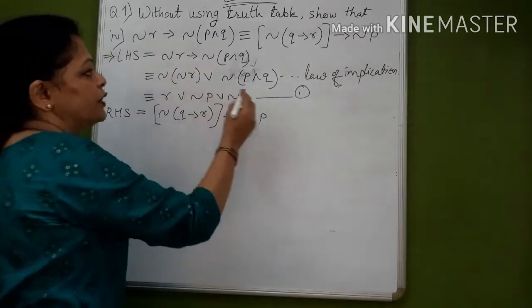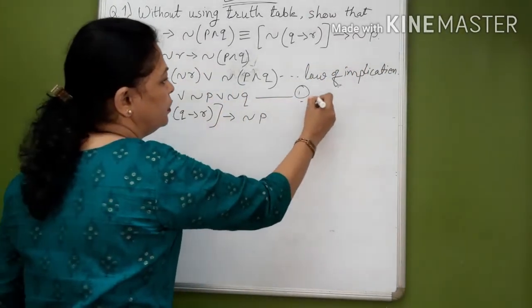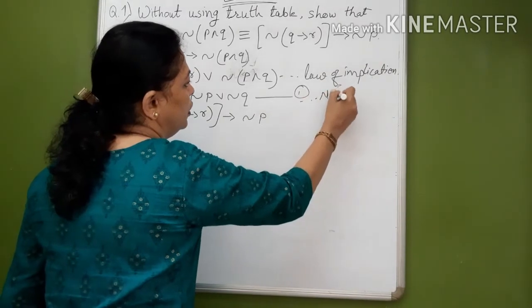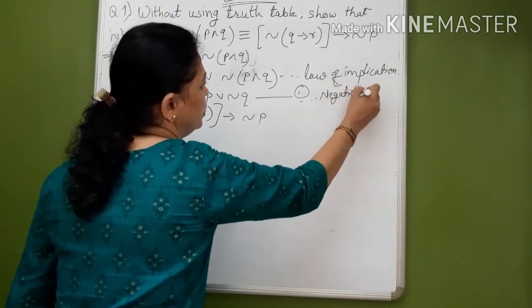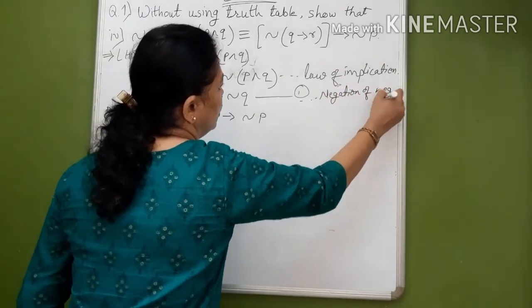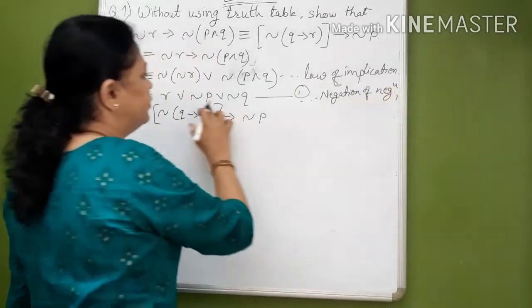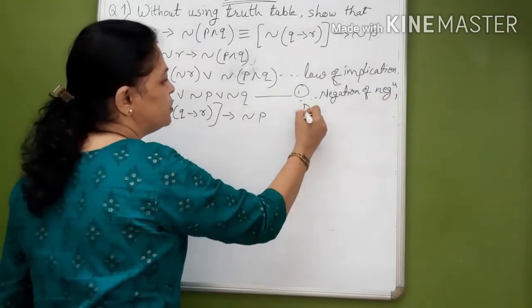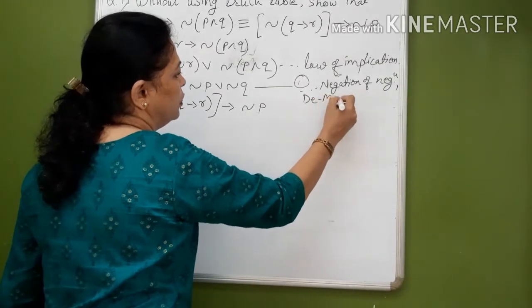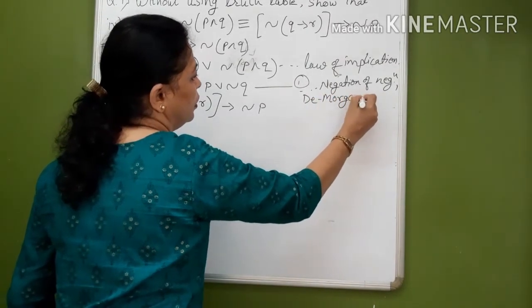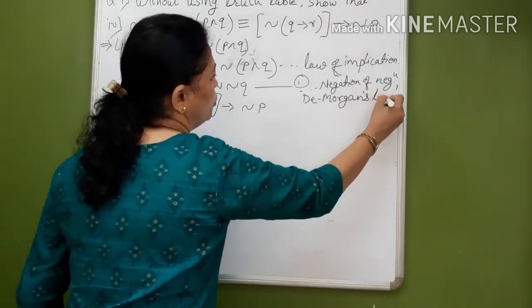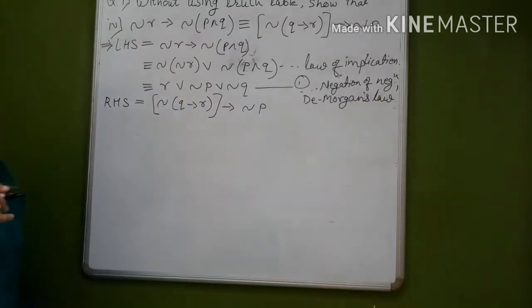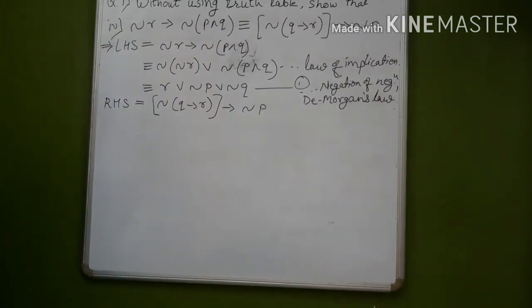And this is also negation of negation. And the other one which we have used is De Morgan's law. You must write the rules for every step, otherwise you will not get full marks.